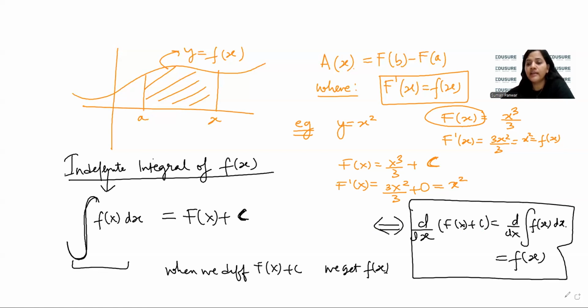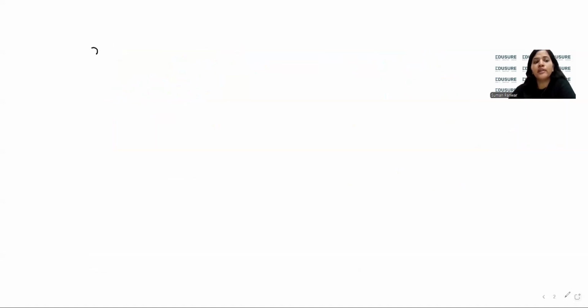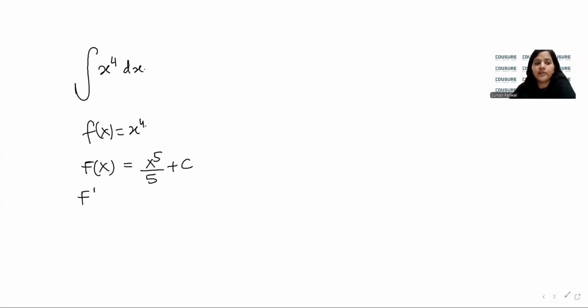Now let us see some example. For example, we want to calculate the indefinite integral of x power 4 dx. Okay. So what is your f(x)? f(x) is x power 4. Now, if I choose my capital F(x) to be x^5 by 5 plus constant c, we can notice that F dash x is 5x^4 by 5 plus 0, which is x^4.